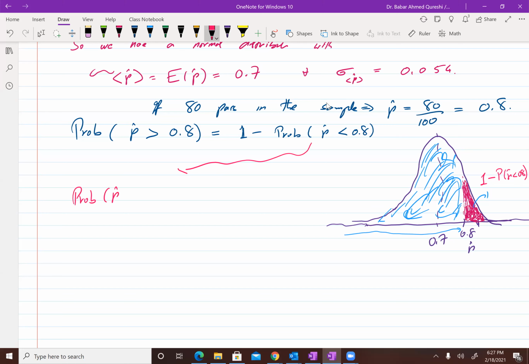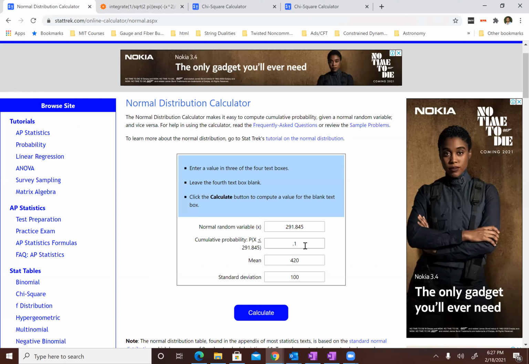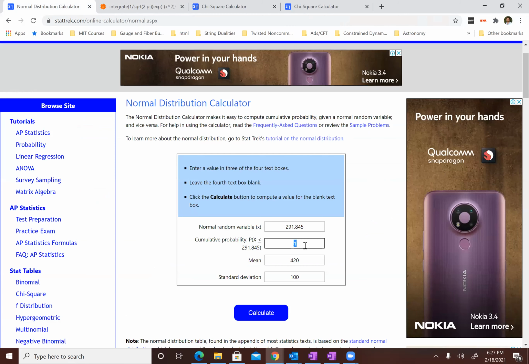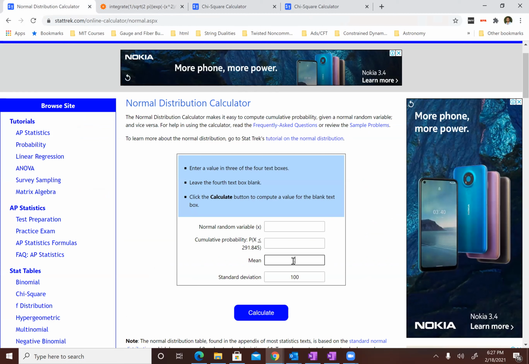And how can you compute it? Well, you can look at your chart, or like me, it's easier to just do it online. You can do it in many ways. For example, I can do it directly: I have a mean of 0.7 and a standard deviation of 0.0547, and I want the variable to be less than 0.8 and compute the probability.